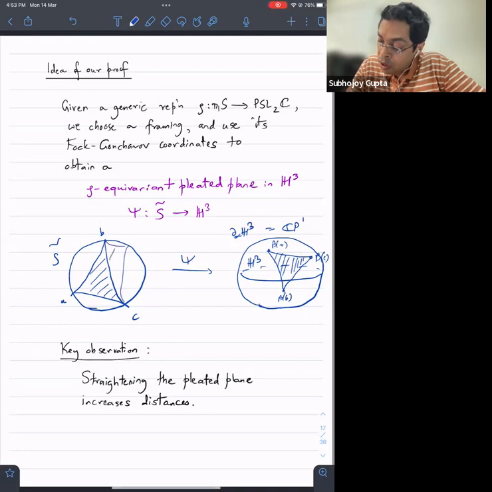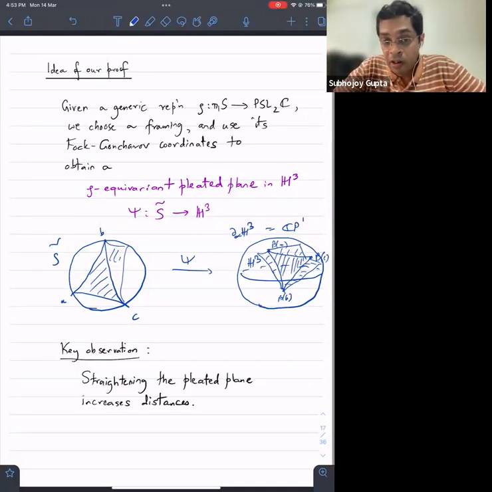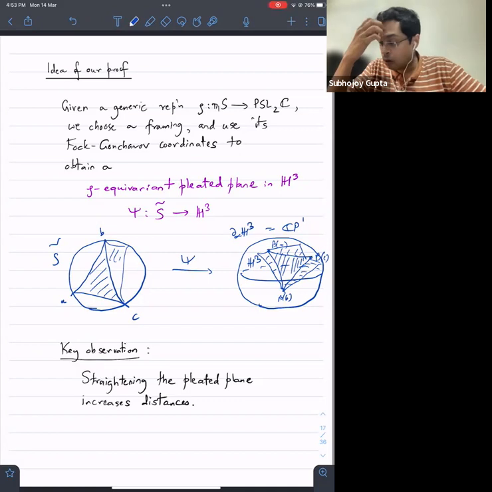So you get a surface that is totally geodesic in pieces, bent along these geodesic lines. These totally geodesic triangles arranged in hyperbolic 3-space are an example of a pleated plane. And by construction, this is a rho-equivariant map.